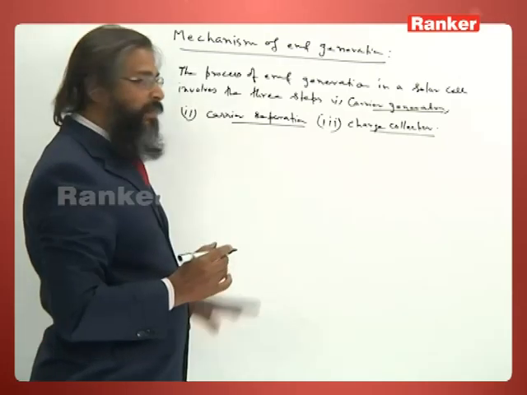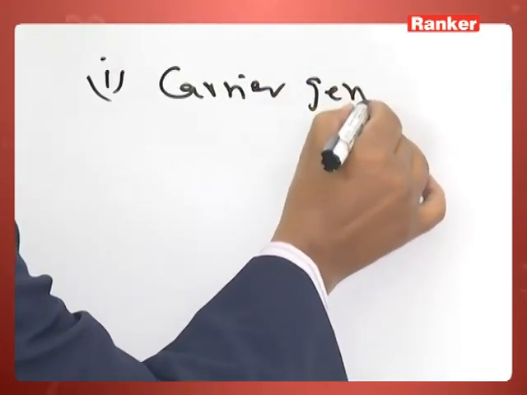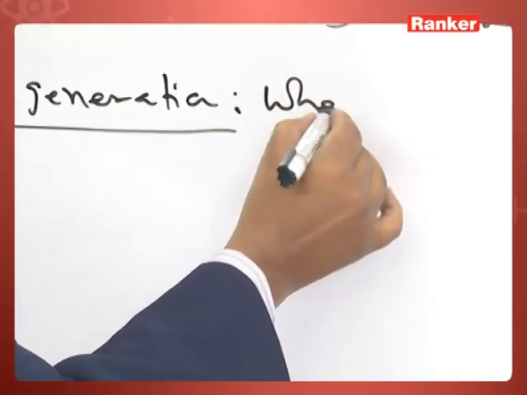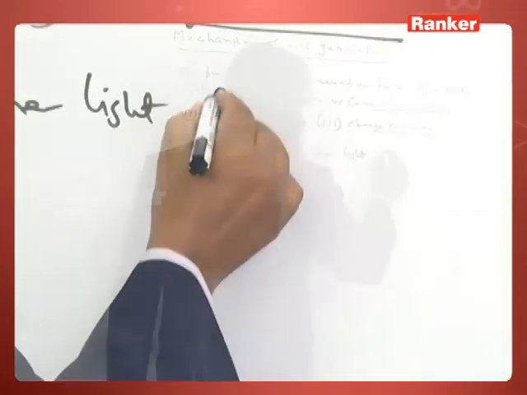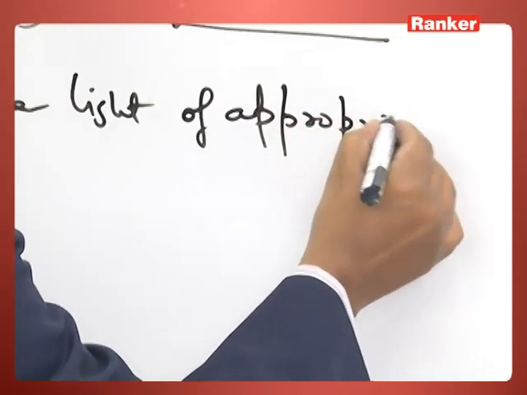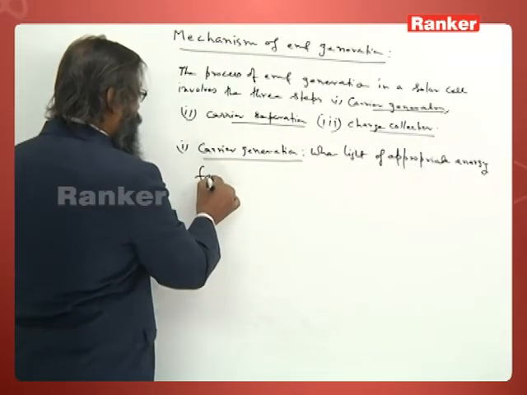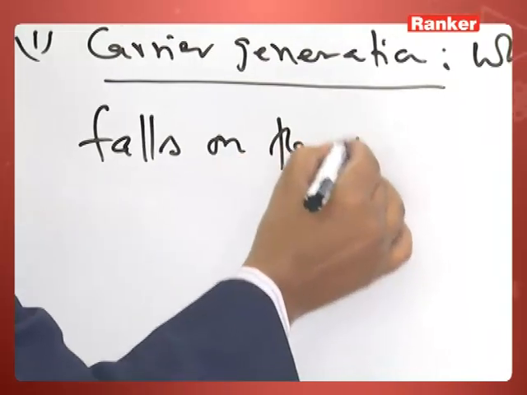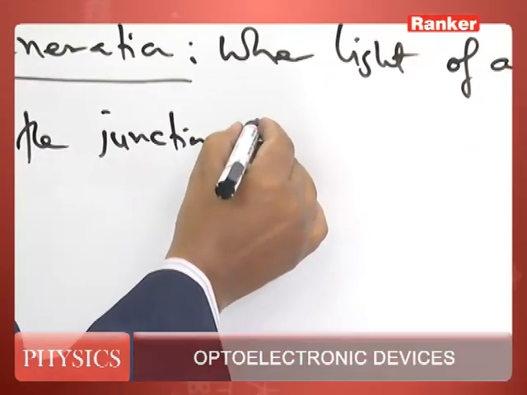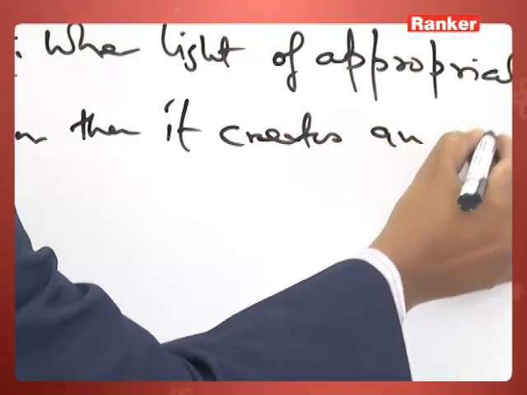Generation, separation, collection. So let us come to the first, carrier generation. When light of appropriate energy falls on the junction, then it creates an electron hole pair.